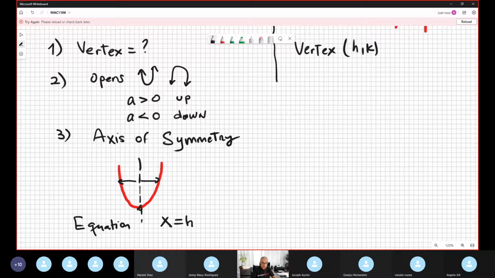This is the vertex. Look at that. (h, k). The axis of symmetry splits the parabola into two parts. This is very, very important, because maybe you have a different point here, and using the symmetry, you can determine the image in the other branch of the parabola. The axis of symmetry behaves like a mirror.